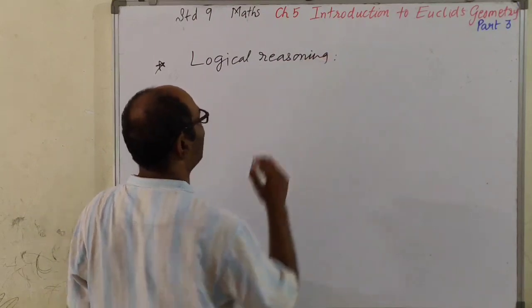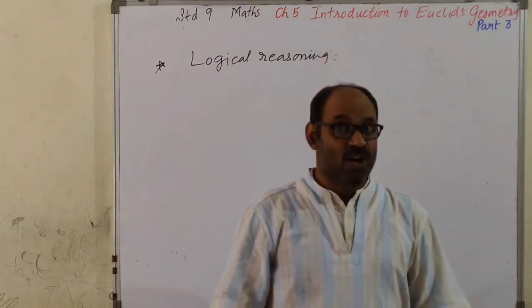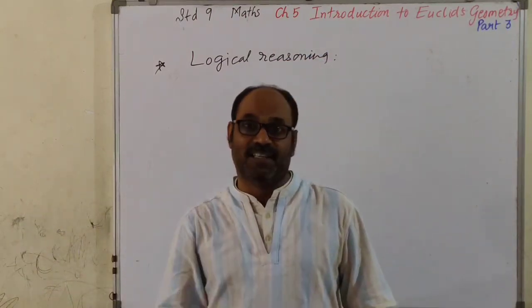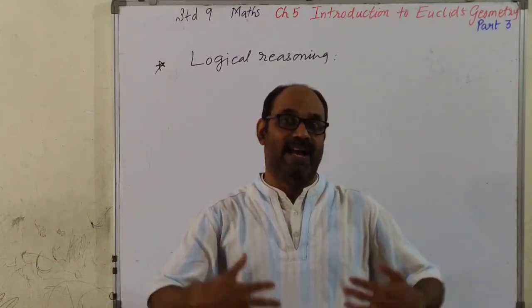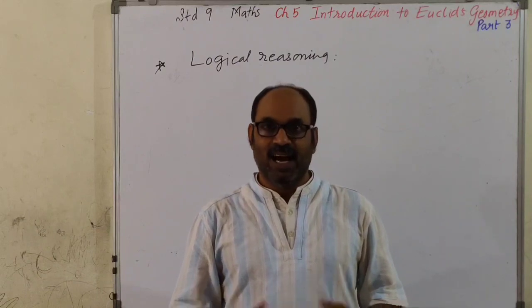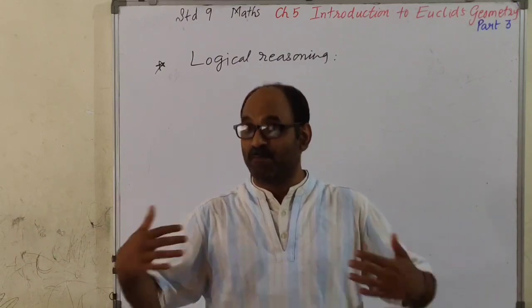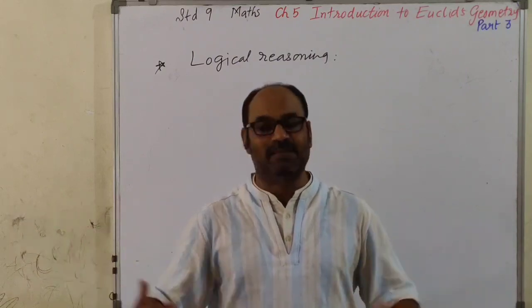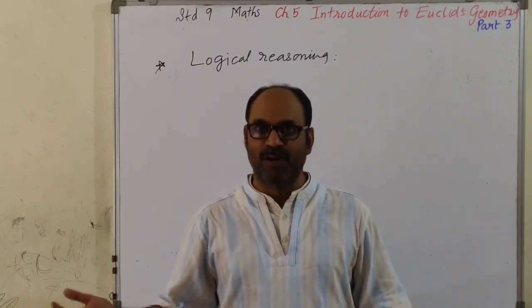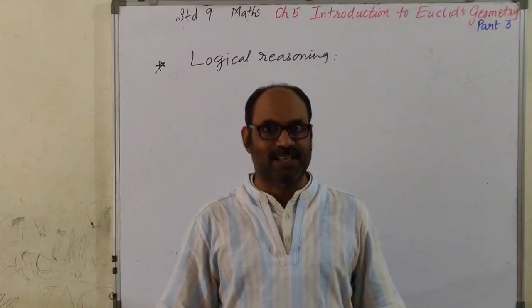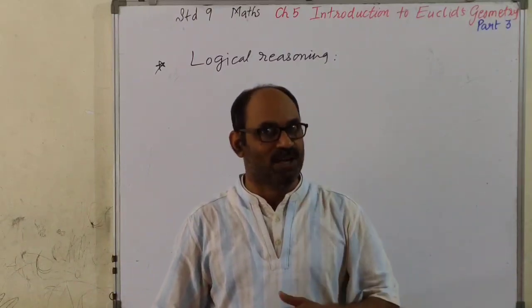Yes, a lot of logical reasoning is required when you have to prove the statement. A statement which is true, but if proof is required, then that statement is called theorem. The statements which do not require proof and are universally accepted as true, they are either called axioms or postulates.